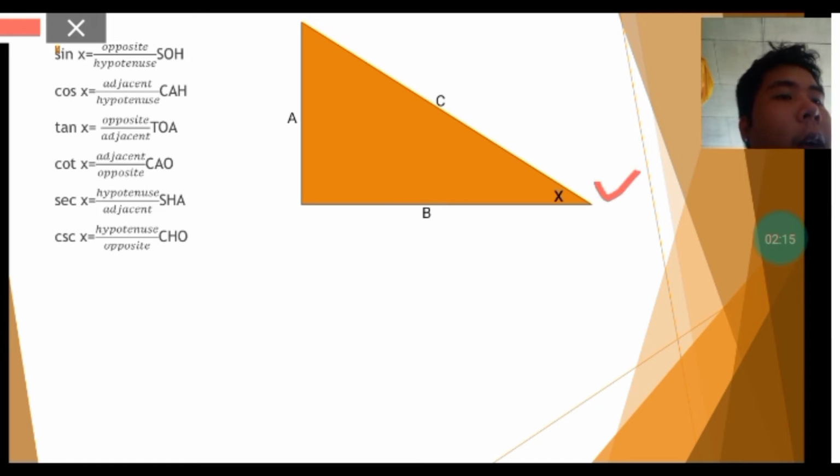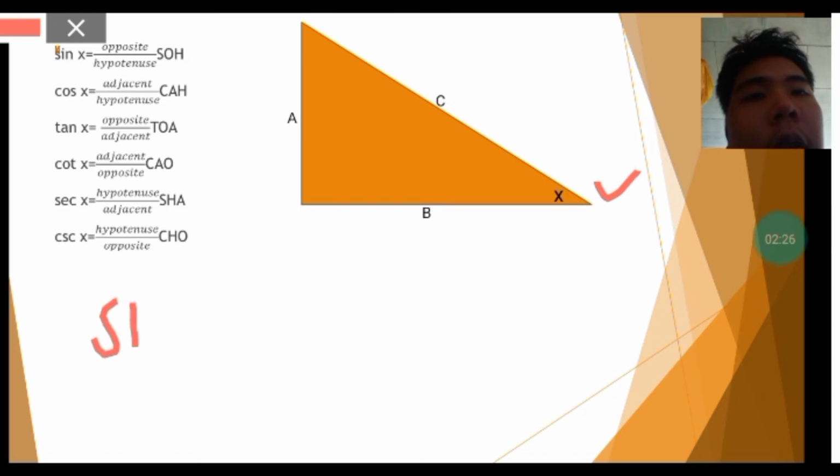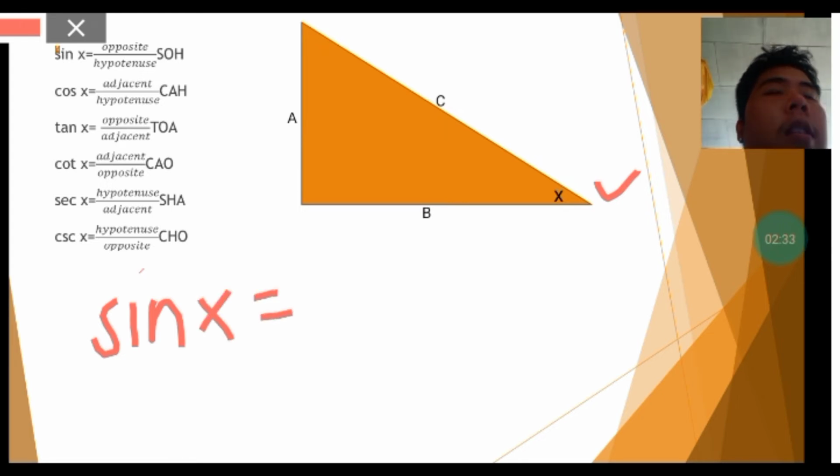If your teacher asks you to find the trigonometric function of sine, sine x, this is just an illustration. Sometimes the values of a, c, and b are given as numbers. Though in this example, you're asked to find the sine x.